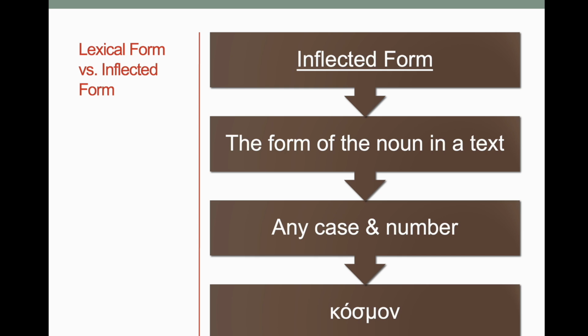The example I've shown here is cosmon. Now, cosmos, the dictionary form, had a sigma on the end. Cosmon, with this nu on the end, is its accusative form. So it's changed its form to show that it's functioning a certain way within the sentence. It's the direct object. Okay? So lexical versus inflected.